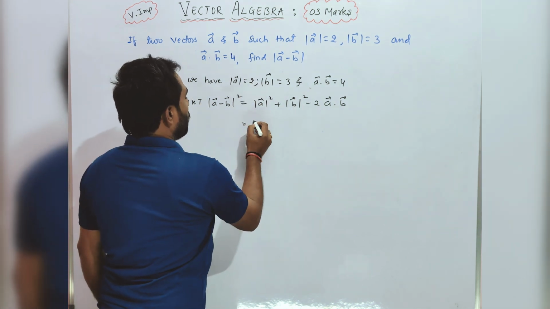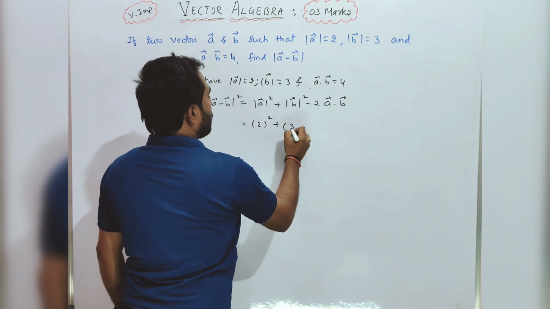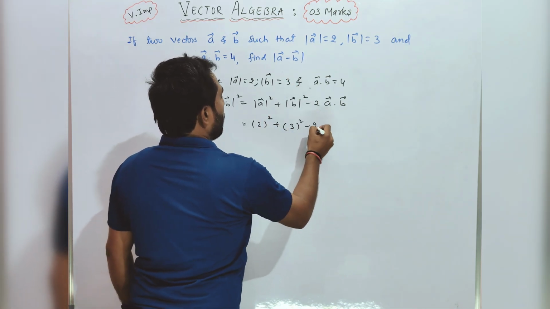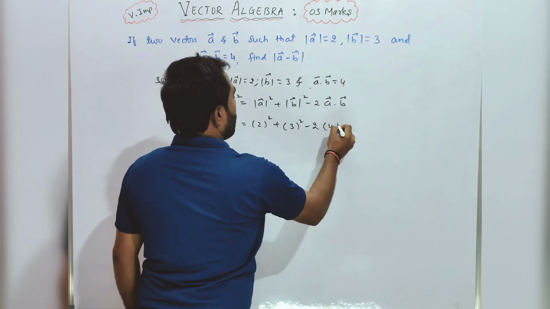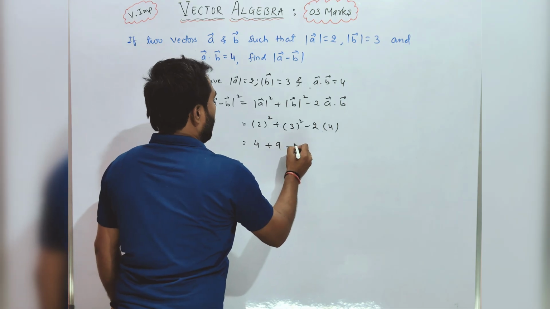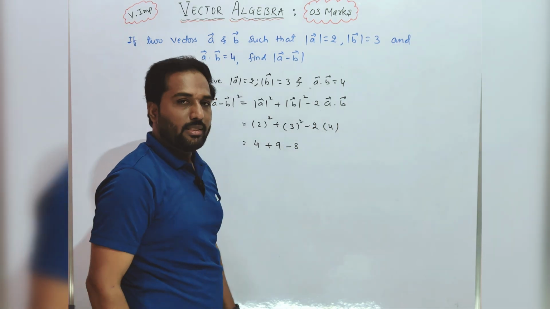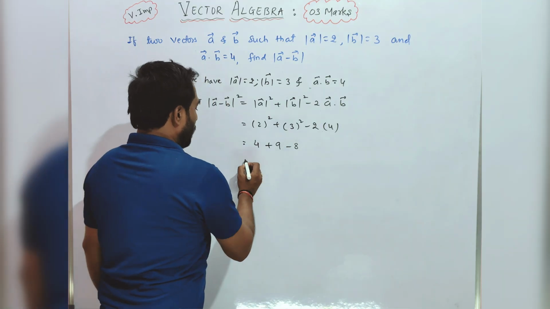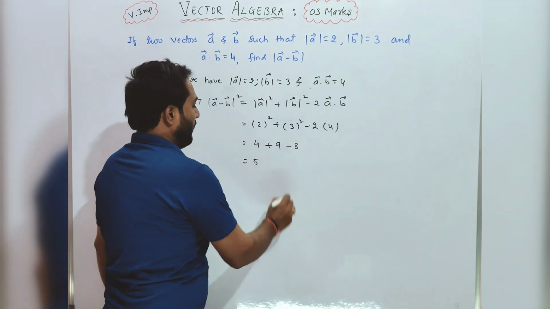A is what? 2, so this is square as it is, plus B is 3, so 3 and its square as it is, minus 2, A dot B is what? 4, here I can say. So this is 4 plus 9 minus 8. So this is nothing but what? 9 minus 8 is 1, plus 4 is 5.